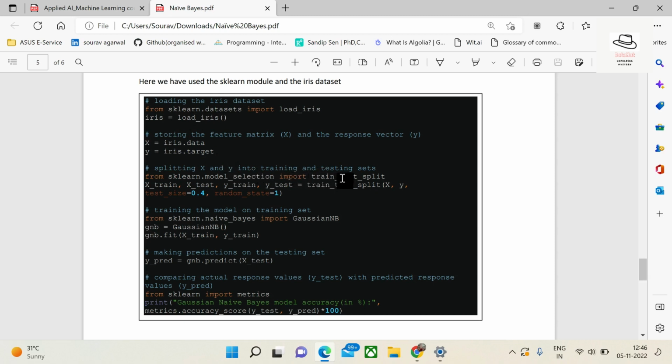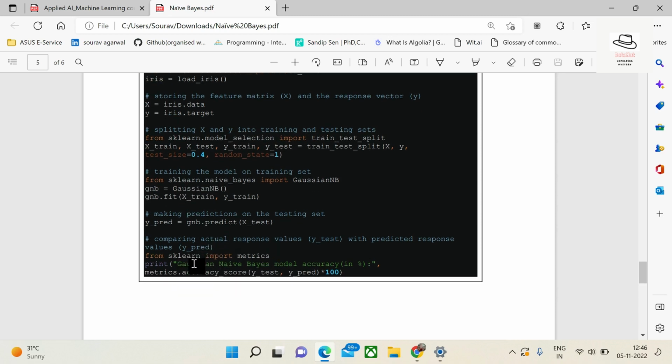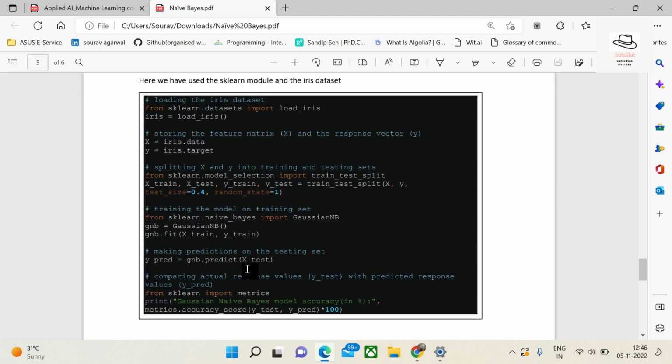We are doing a train test split, and we are applying Gaussian naive Bayes here. The metric being used here is the accuracy score. However, in classification problems, accuracy score is not a very reliable performance measure, but for the sake of understanding and keeping things simpler, you can work with this accuracy score.